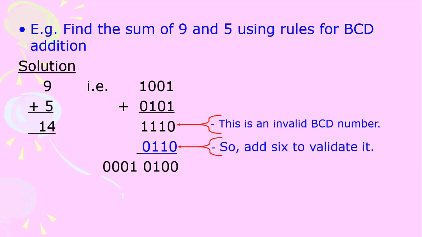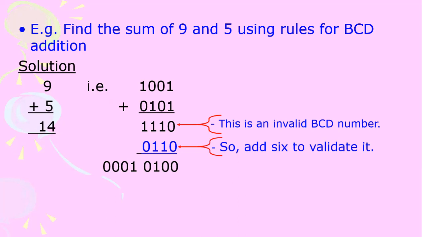So 0 carry 1 plus 0 gives us 0 carry 1. Therefore, we carry 1 and we write it down on the most significant bit side.